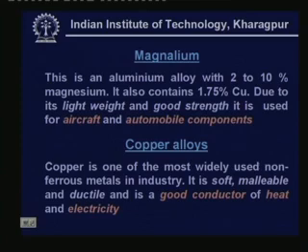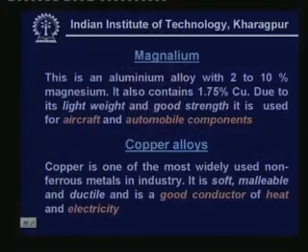Again, you can see that it is used for aircraft components because of the light weight and good strength. So, aluminum alloys in general have good strength and light weight, and this offers a very attractive material for machine element design.